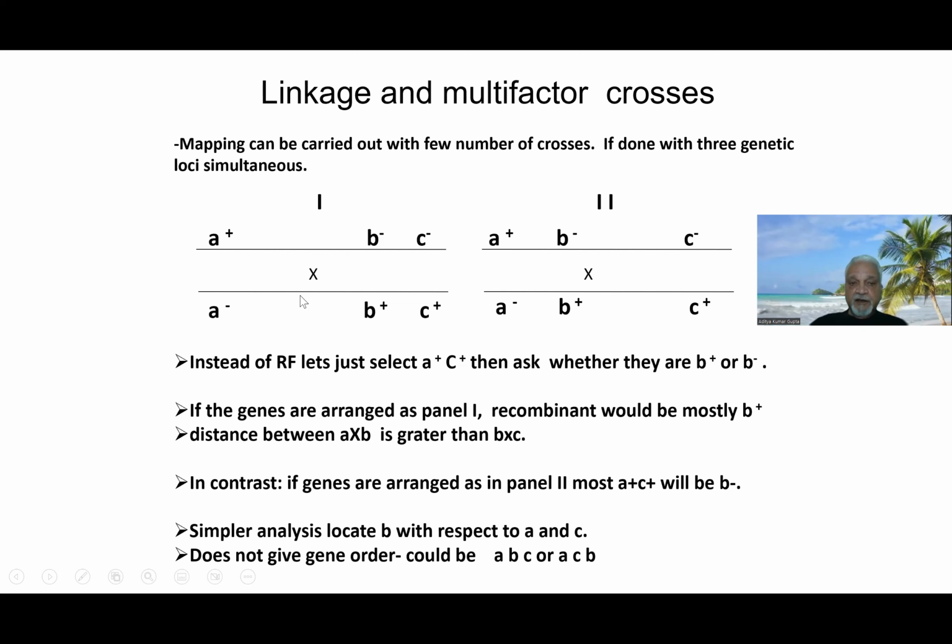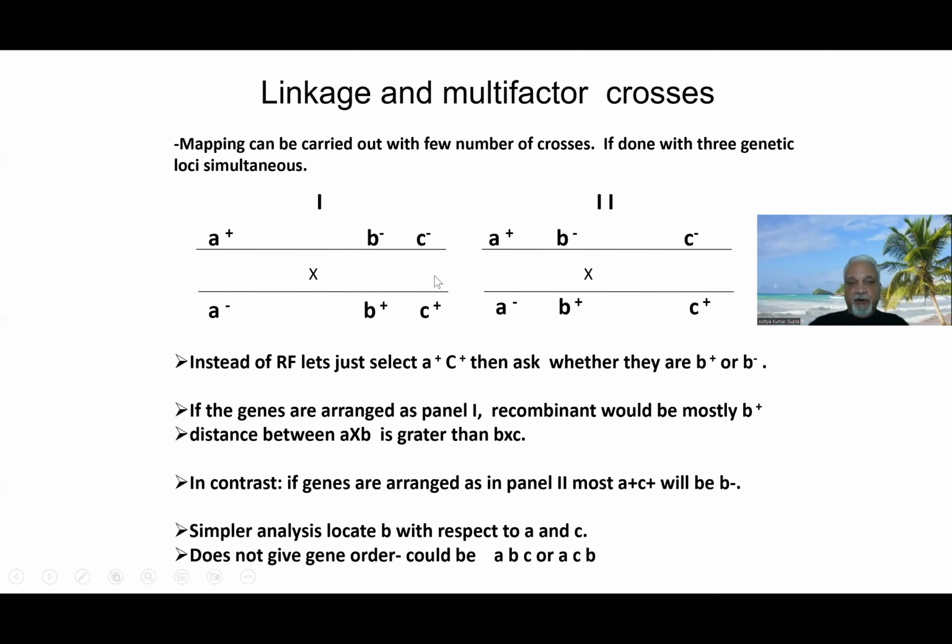If there is a recombination taking place between A and B here and B and C here, because the gap between A and B and C is more, the possibility of a recombination is more here and more here. So if you are getting the A plus C plus phenotype and asking whether it is B plus or B minus.